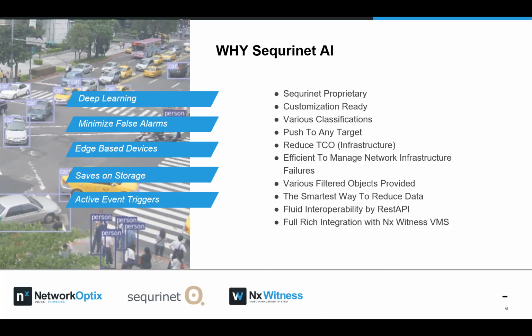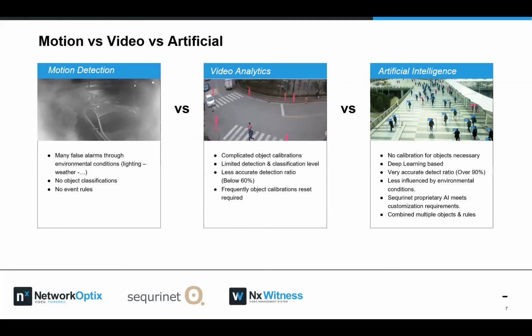We have a very fluid REST API to work with, embedded in the AI box, and obviously we've been focusing recently a lot on closing up our relationship with Network Optix, because we think it's one of the most interesting platforms on the market for the moment. So we managed to get into a full rich integration with the NX Witness platform, which we're going to be showing you today.